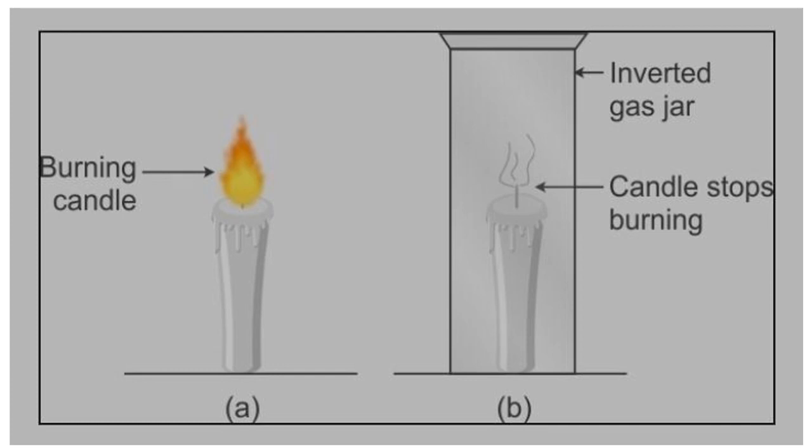We can see here that candle A, which was kept open in the atmosphere, is still burning. However, candle B, over which an inverted glass tumbler or gas jar was kept, has stopped burning.